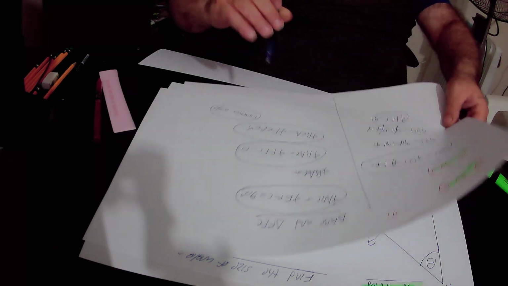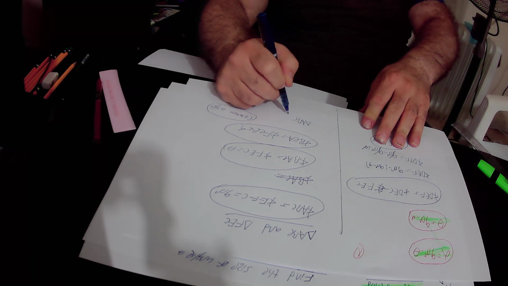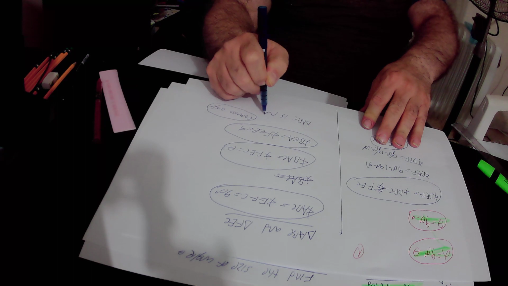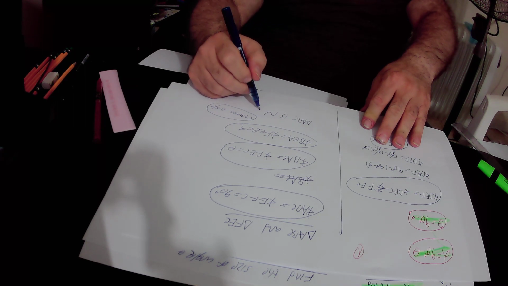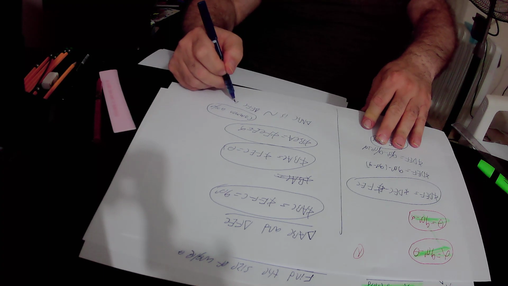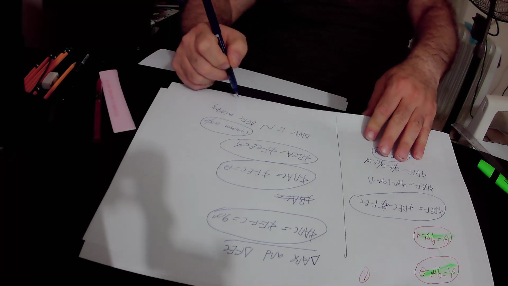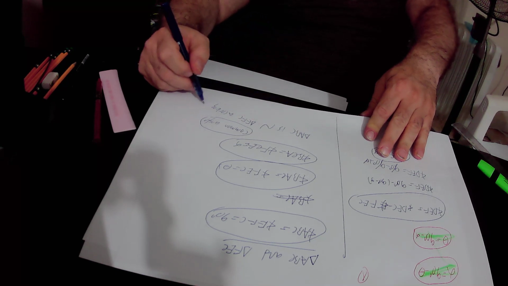Therefore, triangle ABC is similar, this is the sign of similar, to triangle EFC according to the angle similarity rule.